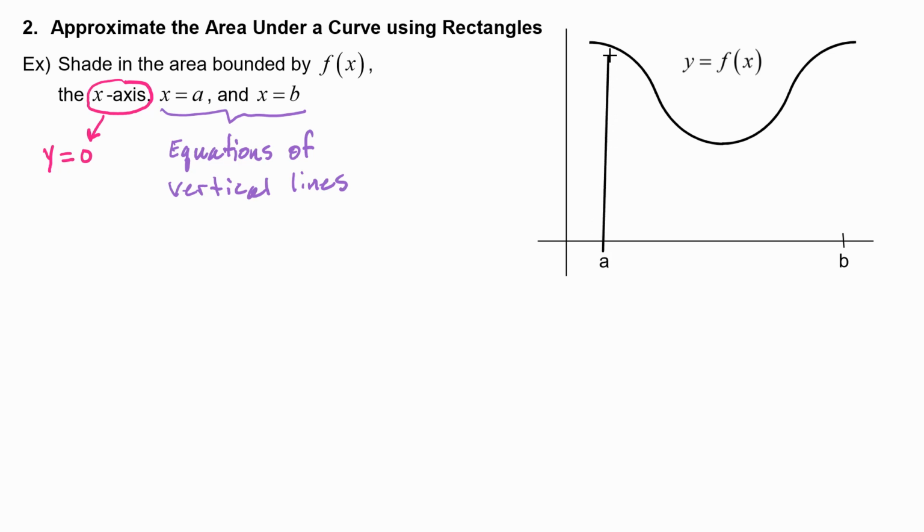So x equals a is this line, and x equals b is this vertical line.